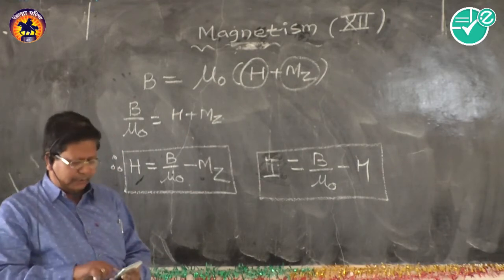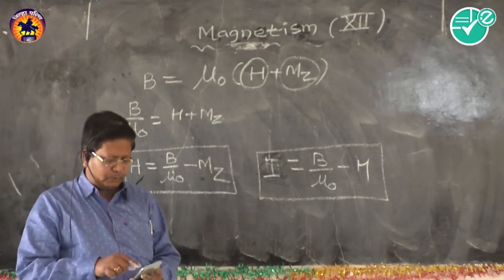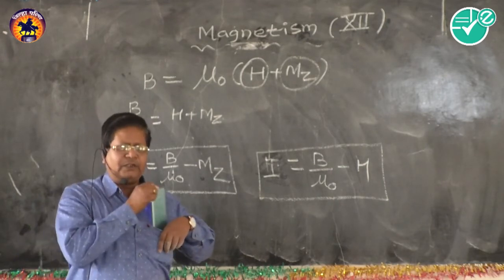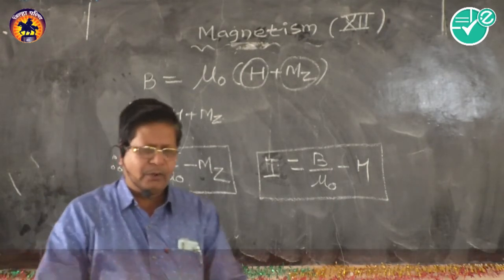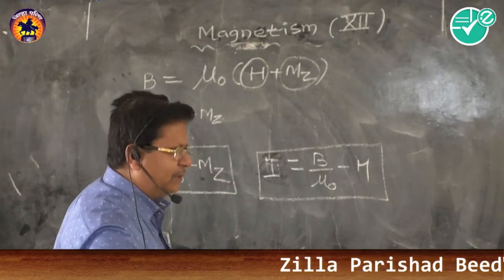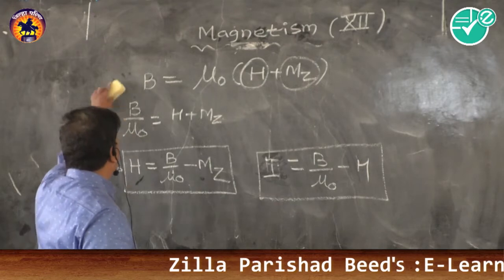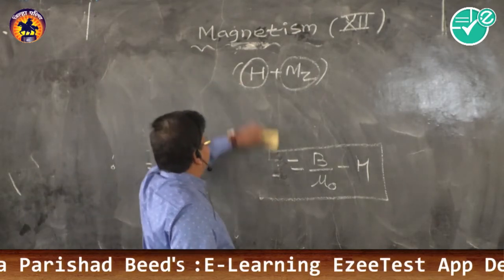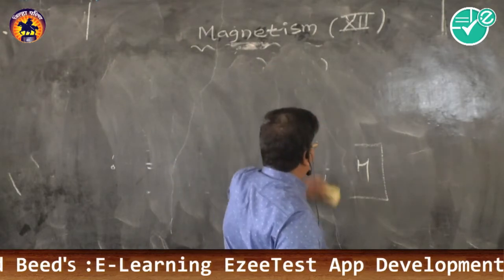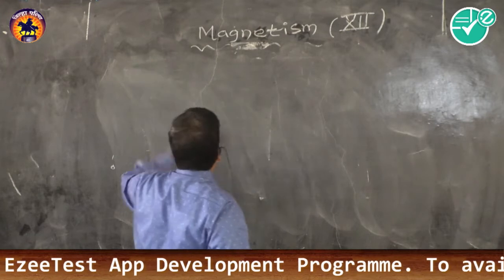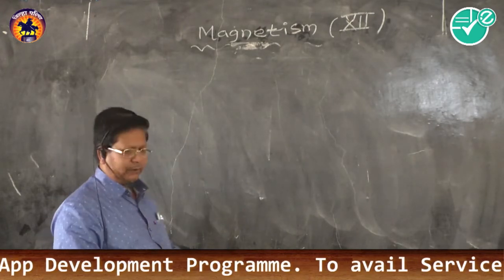Now in this case we are going to study the percentage increase in the magnetic field regarding the magnetization of ferromagnetic material with the help of Rowland ring.